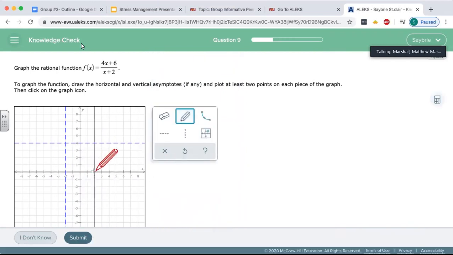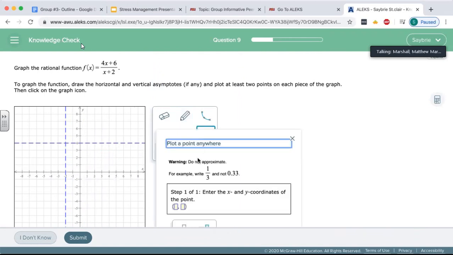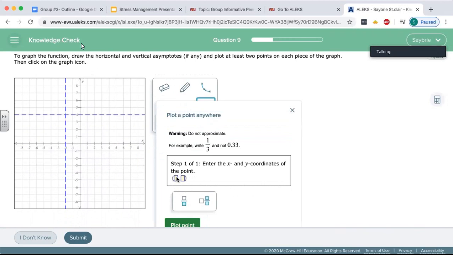And I forget how you did this. So 1 point. Okay, yeah, so that's how you do it. So negative 4, 5. And then the other one's negative 3, 6. There you go.